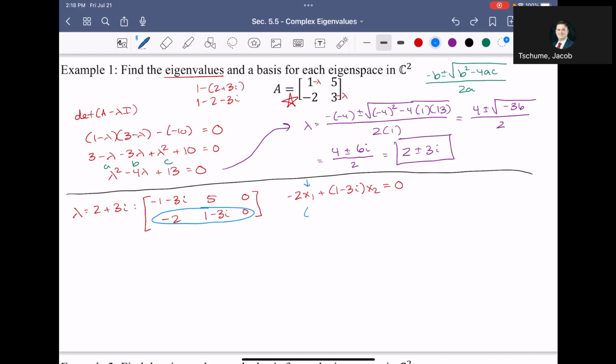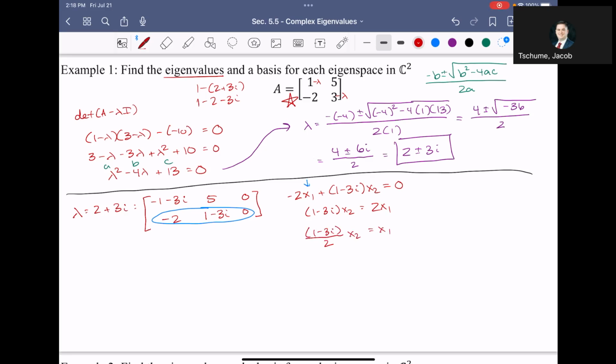So you would have (1 minus 3i) times x sub 2 equals positive 2x sub 1. And then if you divide both sides by 2, we see that (1 minus 3i) divided by 2 times x sub 2 will be your x sub 1.